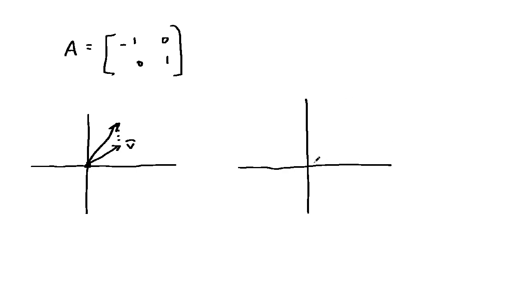And let's say V was down here. Then it expands it vertically away from the x-axis, like that. Okay, every vector gets pulled away from the x-axis.